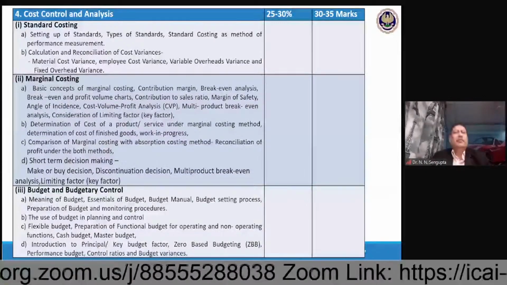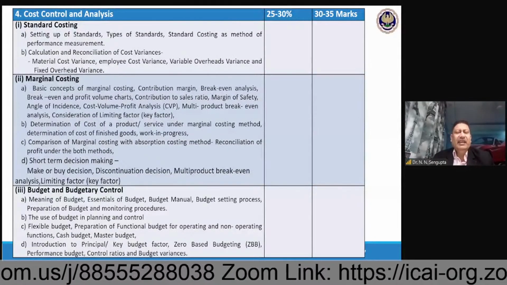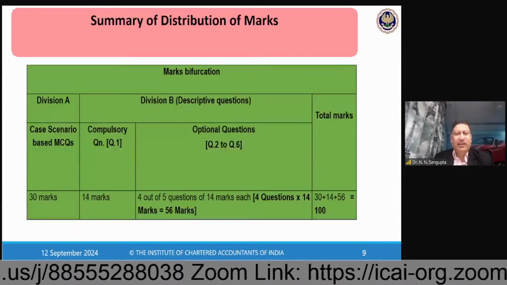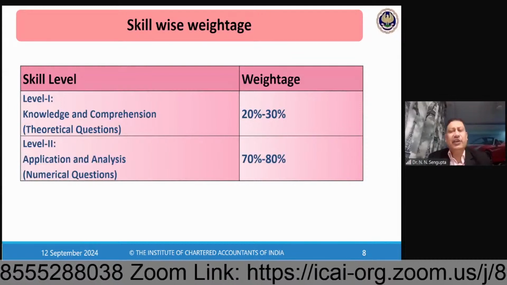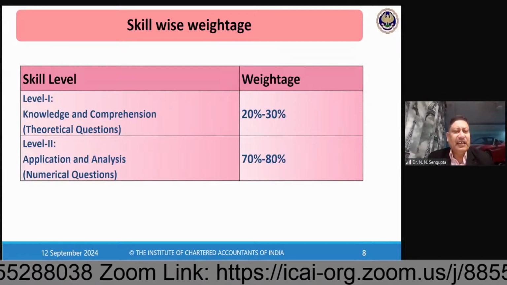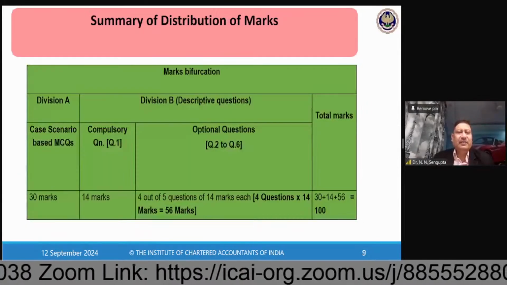A few very quickly before Poddarji starts, in each of the topics I'll go very quickly. This is obviously the weightage you have, the knowledge and comprehension. The theoretical part is around 20 to 30%, and the application part is around 70 to 80%.